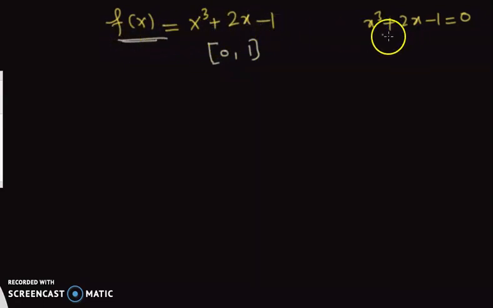If there is a 0 of this function, then I have a root of this equation. So I'll just verify that I have a 0 for this function on this interval.